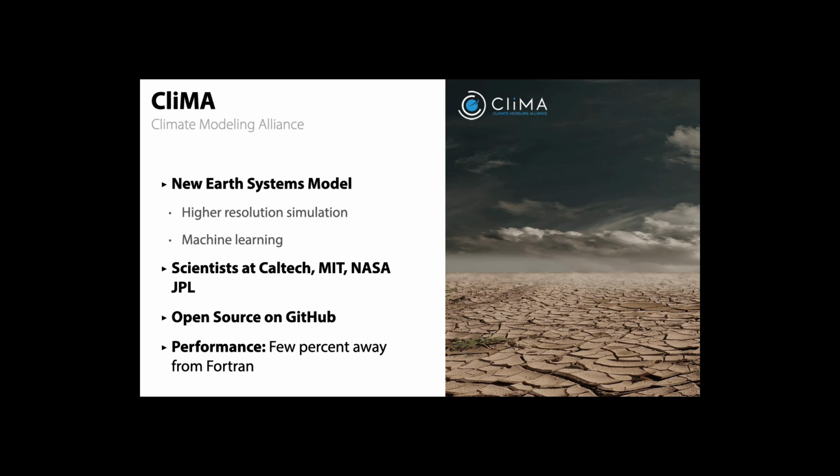So these guys had this kind of bake-off test where they pitted different programming languages against each other to figure out how they were going to build this next generation climate model. And what they found to their surprise was a kind of high-level, high-productivity language like Julia was only a few percentage points away from Fortran in terms of performance.